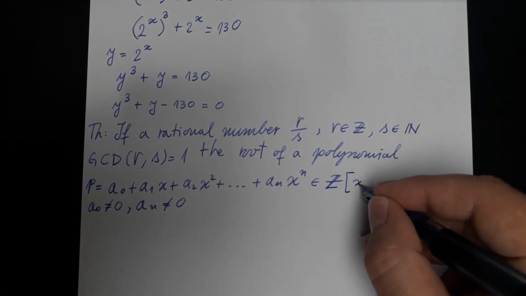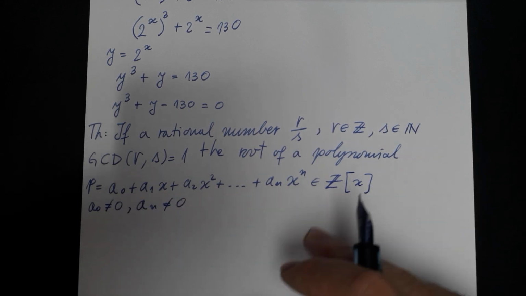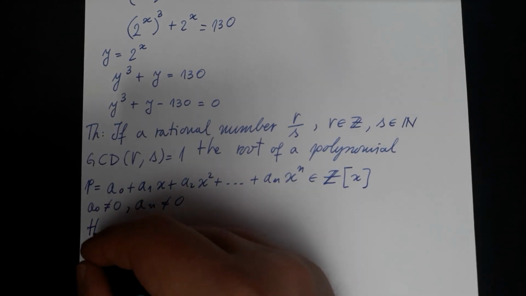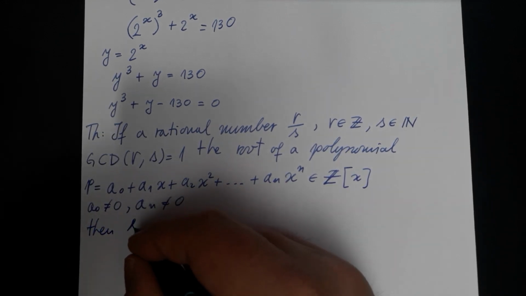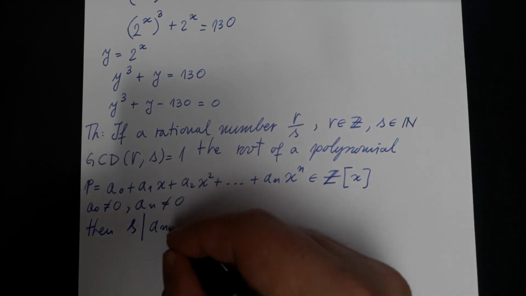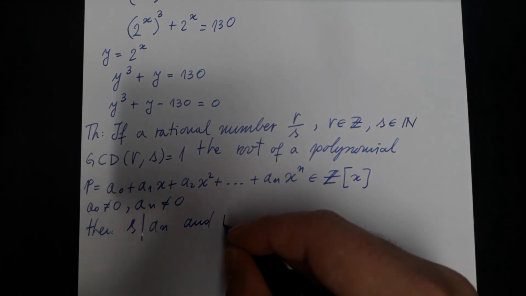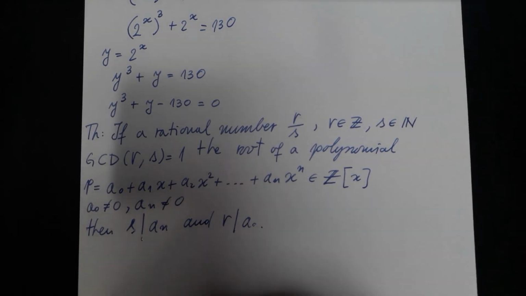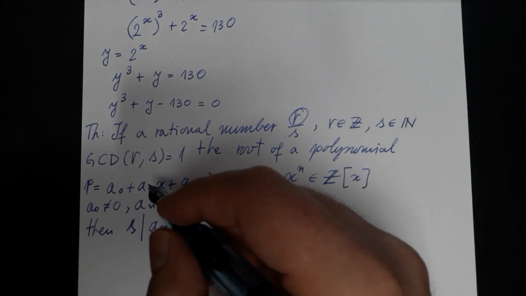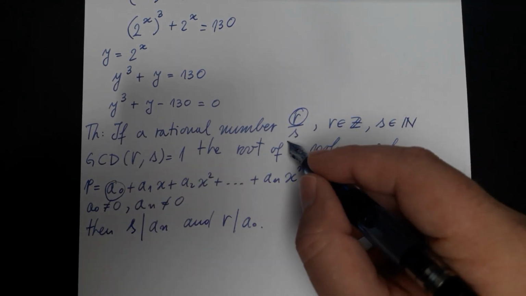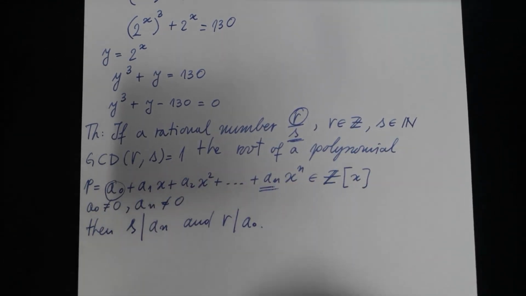and this polynomial is with integer coefficients. Let's write it like this. So this polynomial has integer coefficients. Well, then s has to divide an and r has to divide a0. Basically, r divides a0 and s divides an.